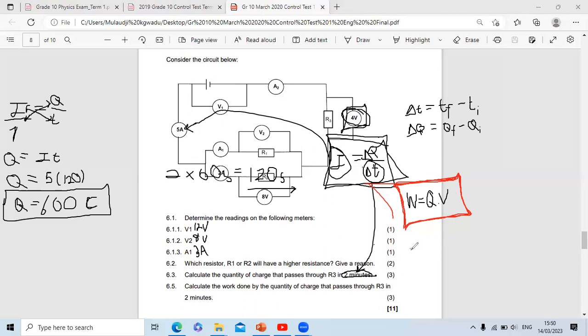So we end up with W is equal to 600 coulombs multiplied by 4.